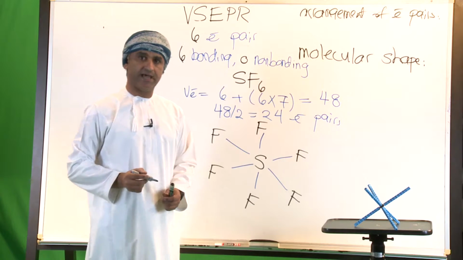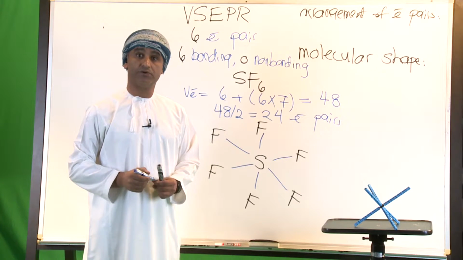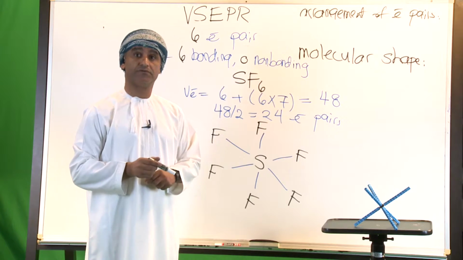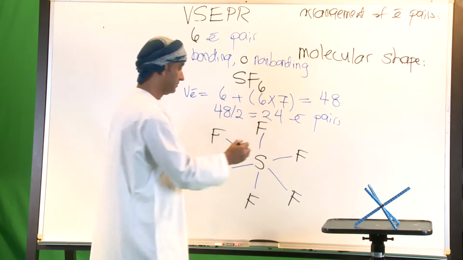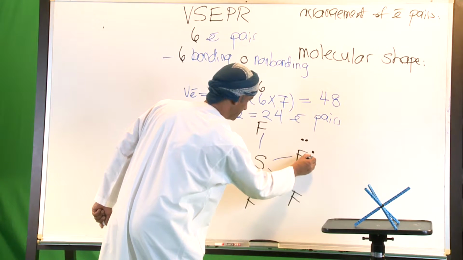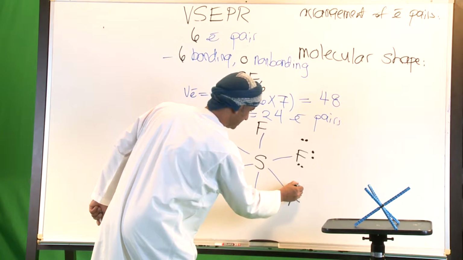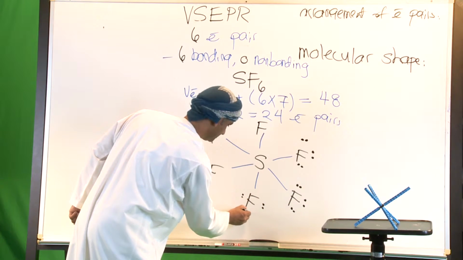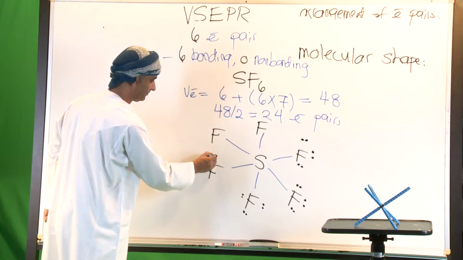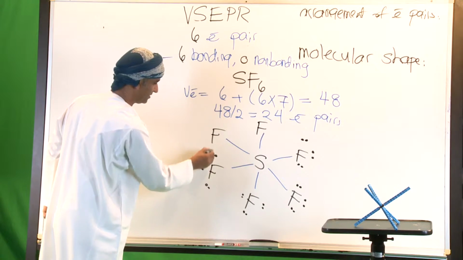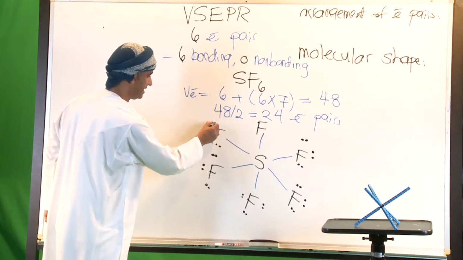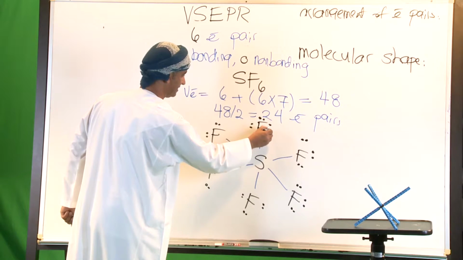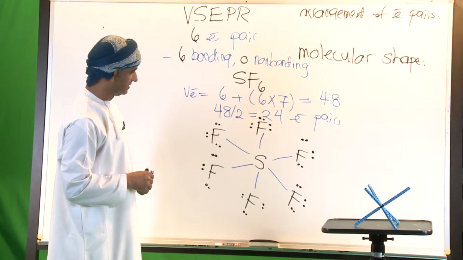The following step is to satisfy the octet on the surrounding fluorine atoms. Each of these fluorines so far is surrounded by 2 electrons, but we need to make sure they are surrounded by 8, so we do that on all of them to satisfy the octet rule.